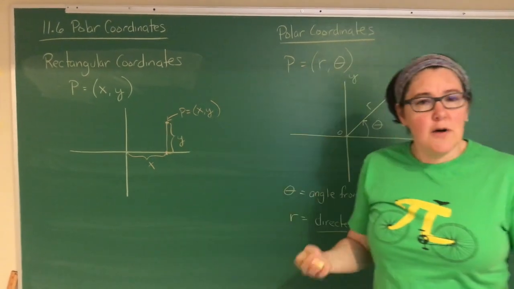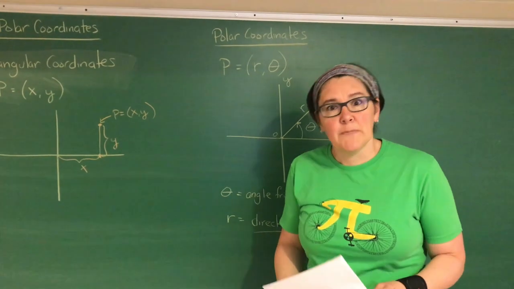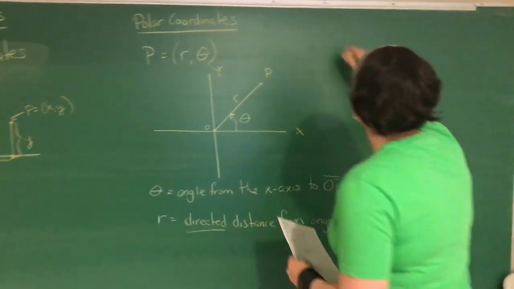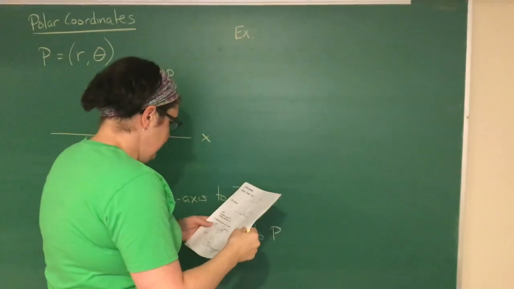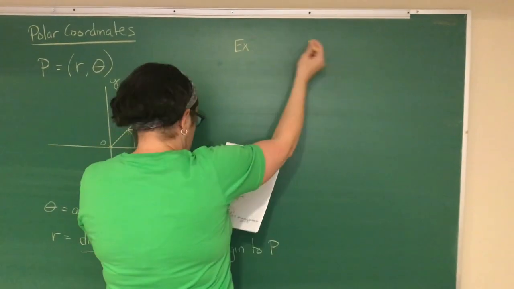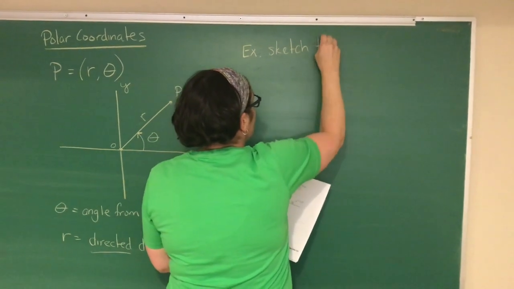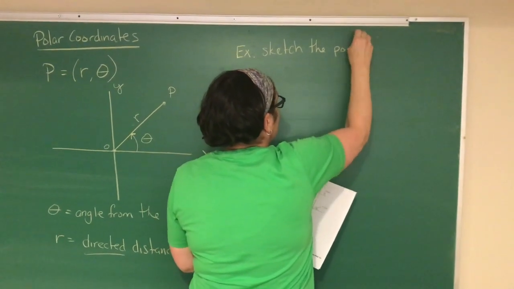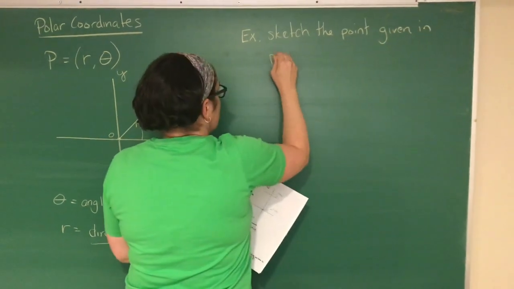So we want to get almost as comfortable with polar coordinates as we would with rectangular coordinates. So let's look at some examples. In these first several examples, we are going to sketch the point that is given in polar coordinates.